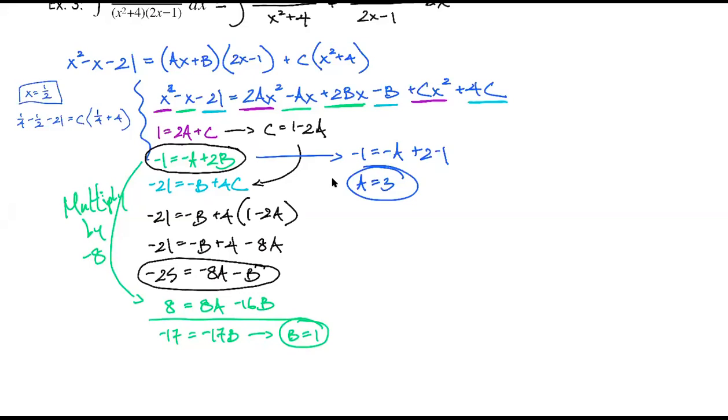Okay, so we've got our a and our b, so we're gonna plug that into here. Oops. To find our c. So c equals 1 minus 2 times 3, or c equals negative 5.